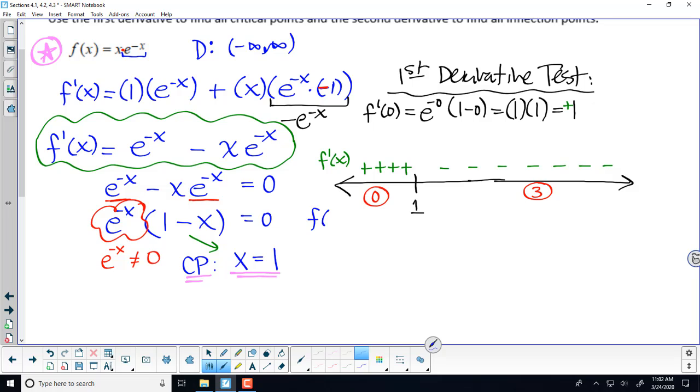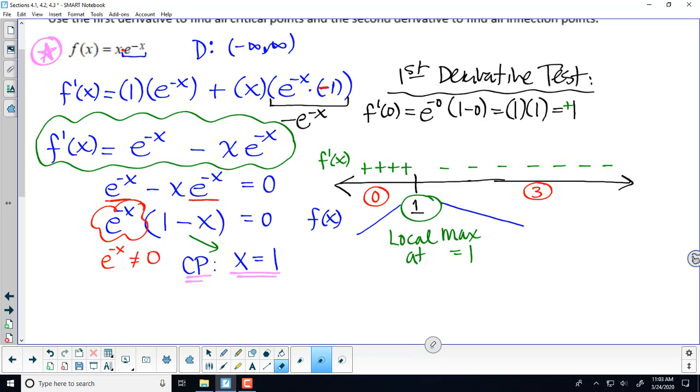We know that our function f is increasing and then it's decreasing, so it's changing, which tells me that at 1 we have a local maximum. So if we did the graph, that would be a highest point relative to other points around it. Okay? All right, so there's the first derivative test.